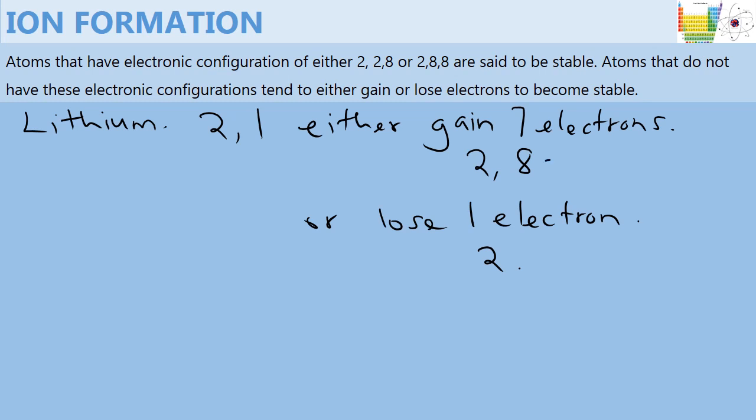Both of these are stable. But as we said, losing and gaining electrons requires energy. So lithium requires less energy to lose 1 electron than to gain 7. Therefore, lithium usually loses 1 electron rather than gain 7.